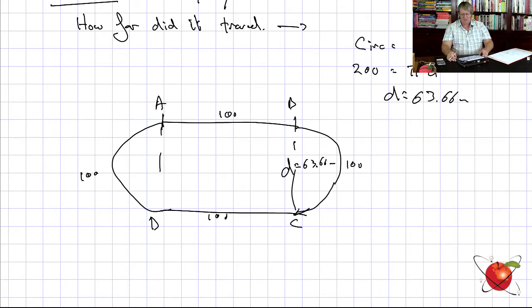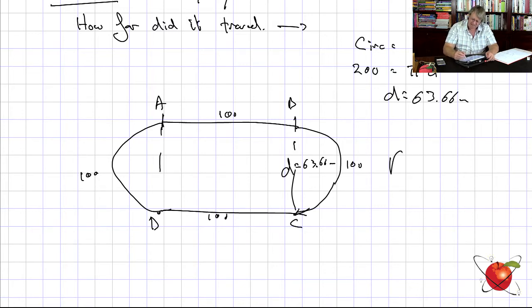Now, how far have I gone when I've gone from A to B? I have gone 100 meters. By the time I've gone to C, I have done 200 meters. At D, my distance is 300, and back to A is a distance of 400.